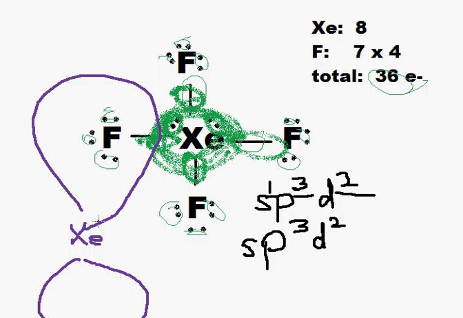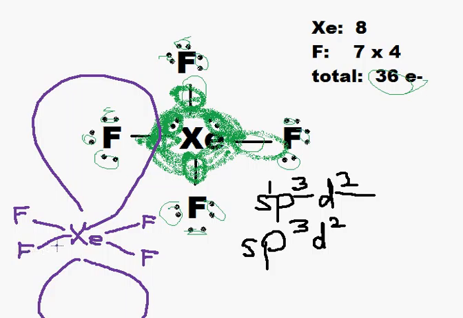So this electronically, of course, is octahedral, but if you just look at the atoms, this is square planar. The angle between these fluorides is 90 degrees, but the angle between anybody and the lone pair is 180 degrees.